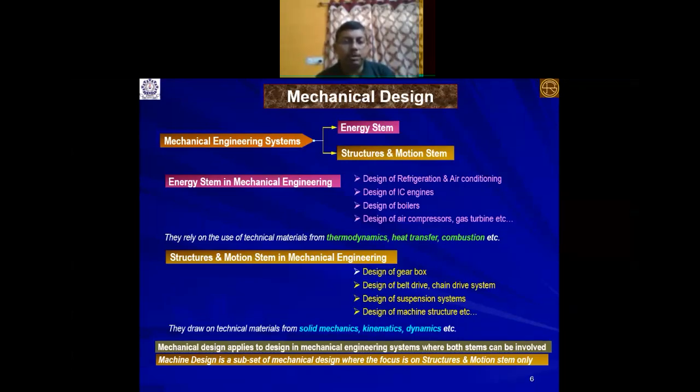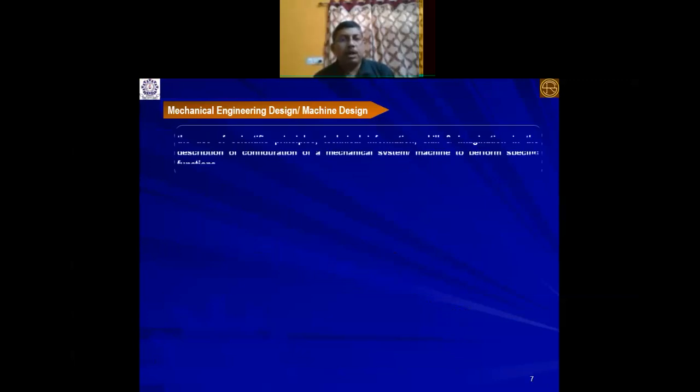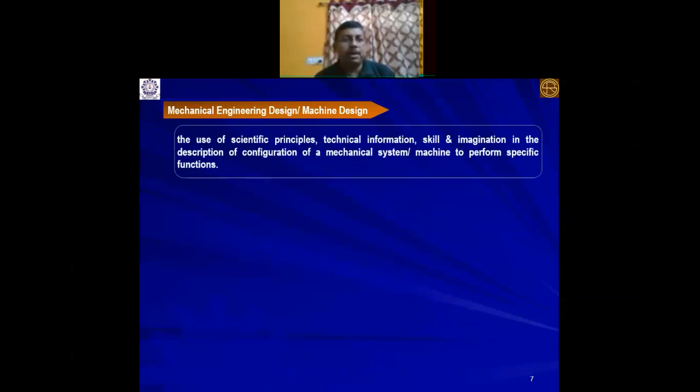And in this particular session, we would like to concentrate on the application of computer design tools in the structure and motion stem in mechanical engineering, or more specifically, the machine design problems we will cover in this particular session of the CAD.